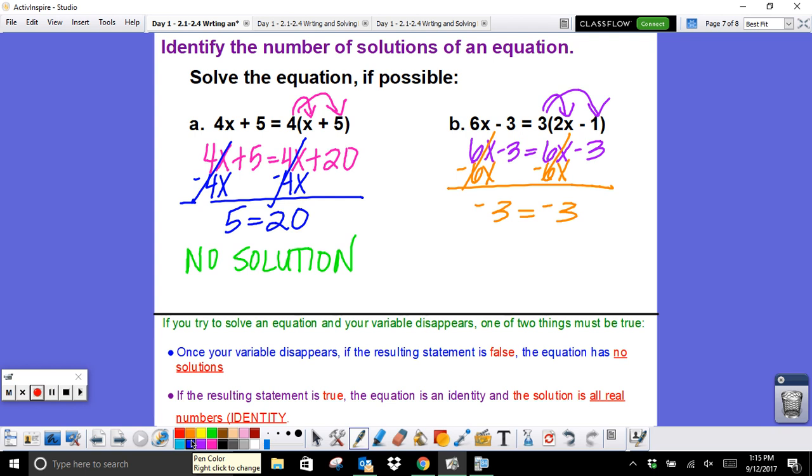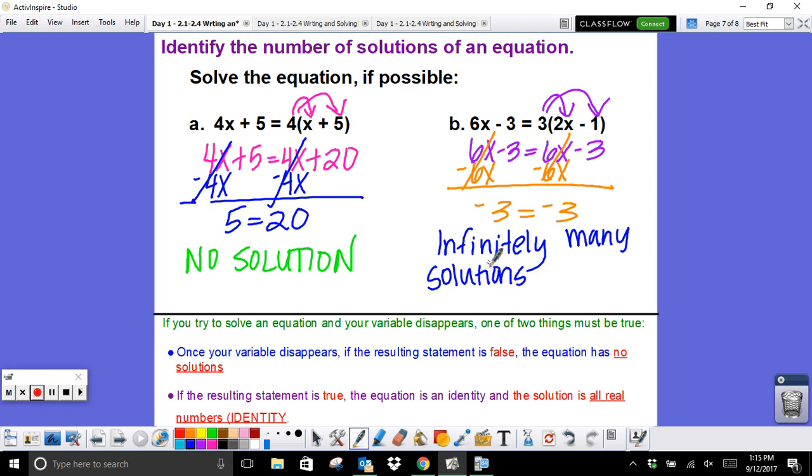In this case, the way we say this is that it's infinitely many solutions. Infinitely many solutions. I'm okay with you saying IMS. That means I could plug anything in for x and it would make it true.